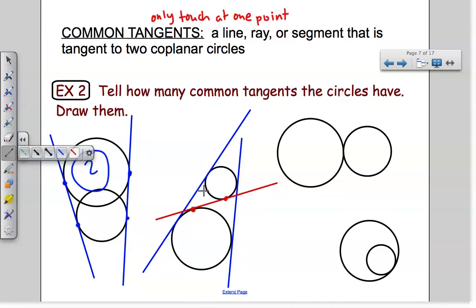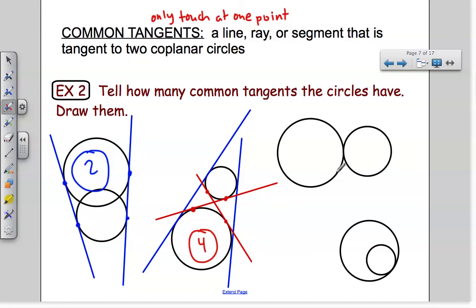And I could do a similar one, but going through this way. I'll adjust that so it looks good. Now I'm tangent to the circle here, tangent to the bigger circle at exactly 1 point. In this case, these are two common internal tangents because they go on the inside, and there are 4 common tangents between two circles that are non-intersecting. Kind of cool.